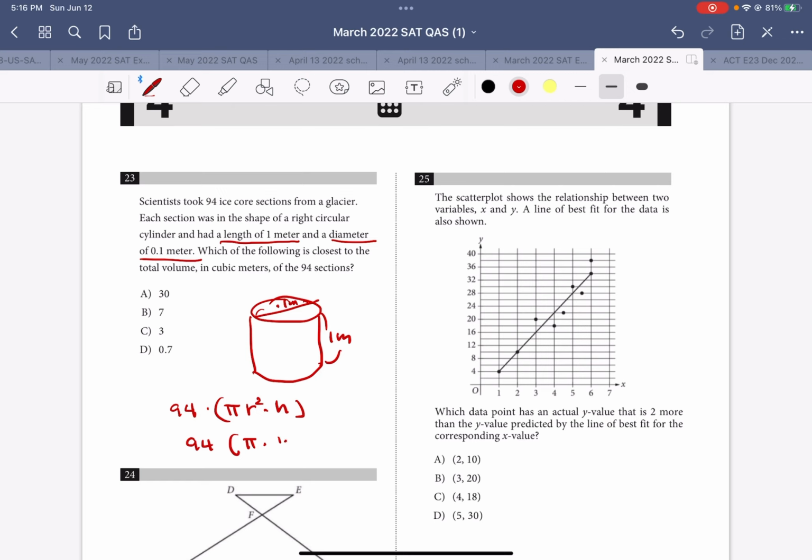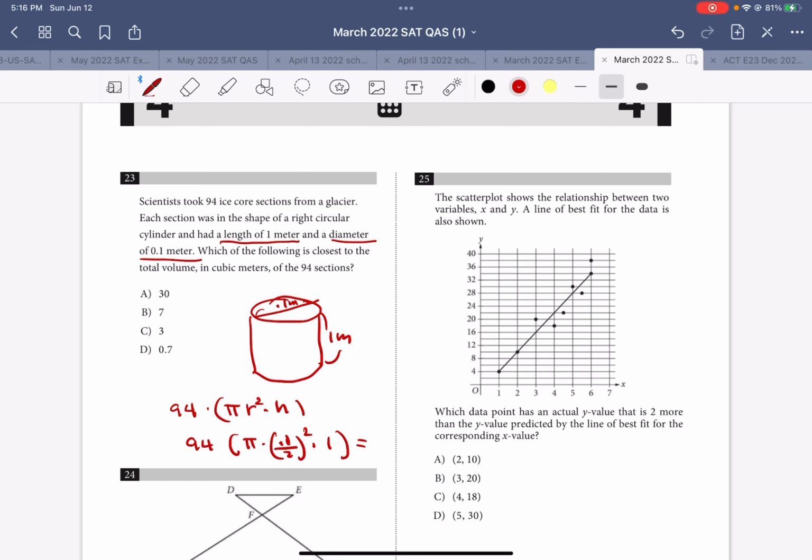So 94 times pi times (0.1 over 2) squared times the height of 1.